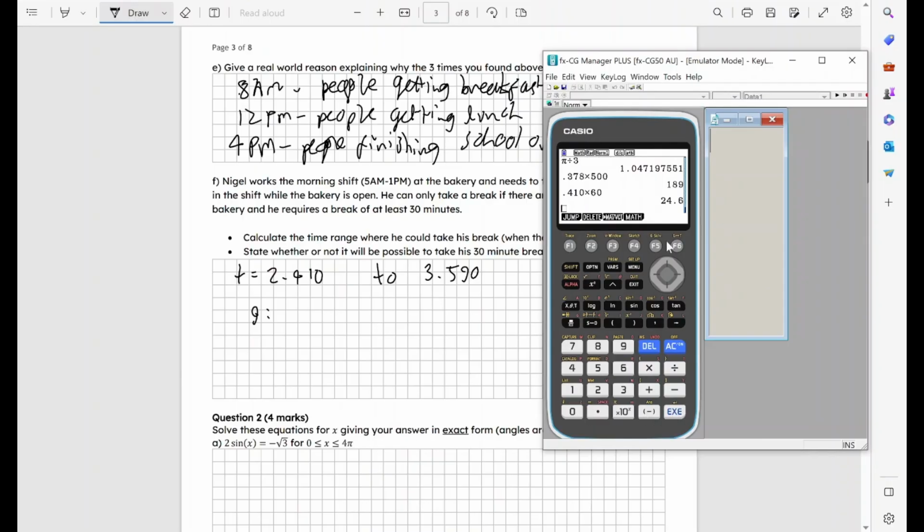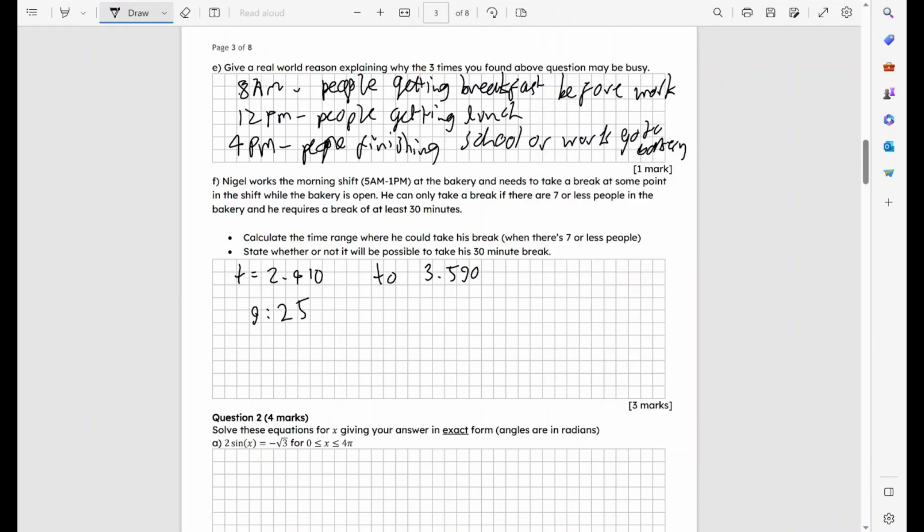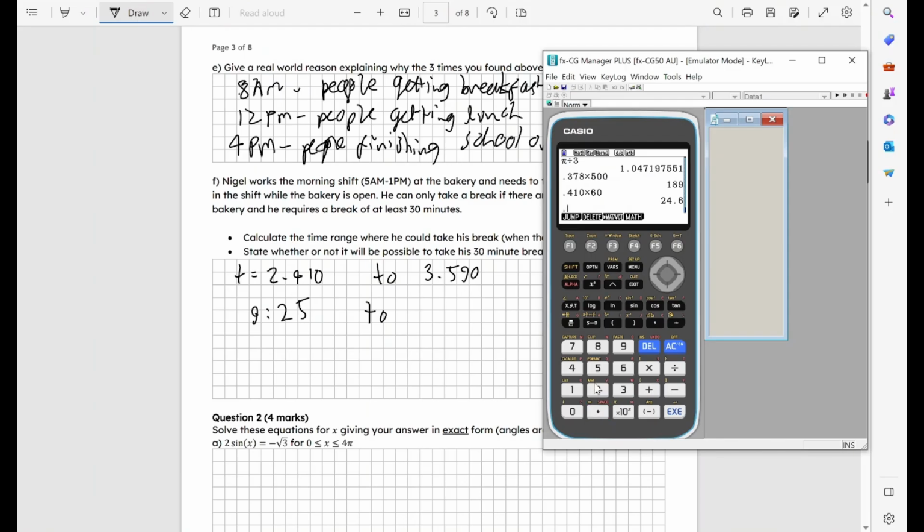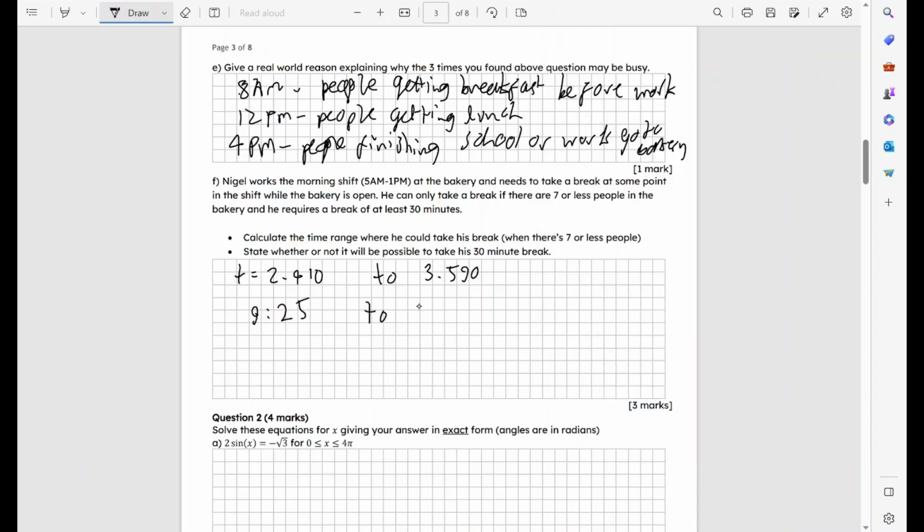There we go, 24. So 9:25 if I round that. Then 0.590 times 60 is going to be 35.4. So to 10:35. And then that is when he can break.